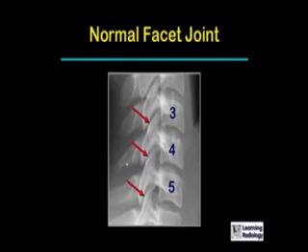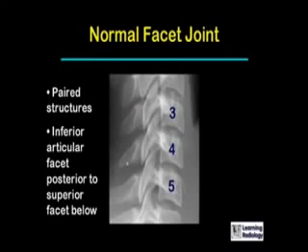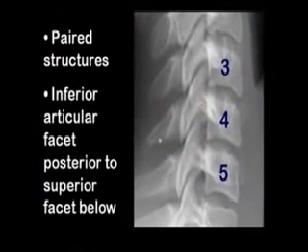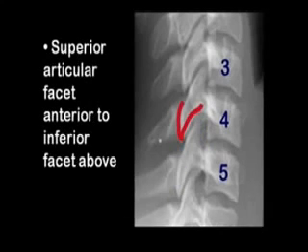Let's take a moment to talk about normal facet anatomy. The facets are paired structures. In this example, the blinking red line is pointing to the inferior articular facet of C4, and you'll notice it is posterior to the superior articular facet of the vertebral body below it, as indicated here by the blinking blue line.